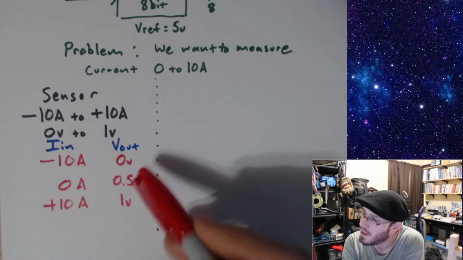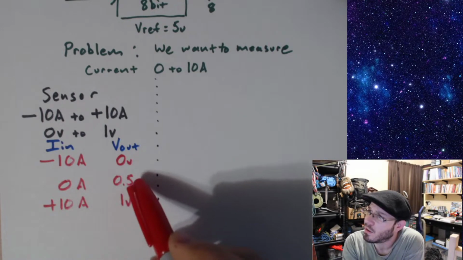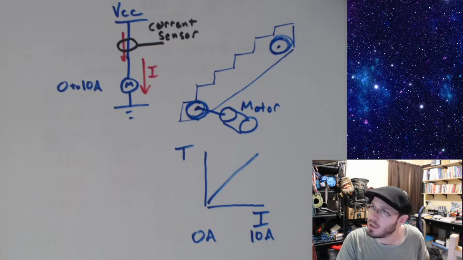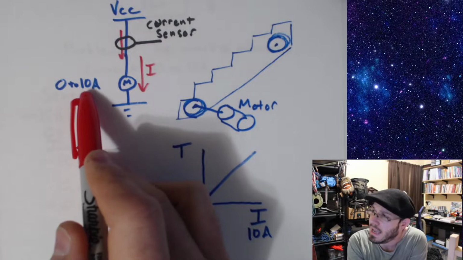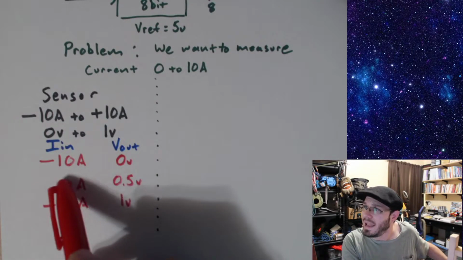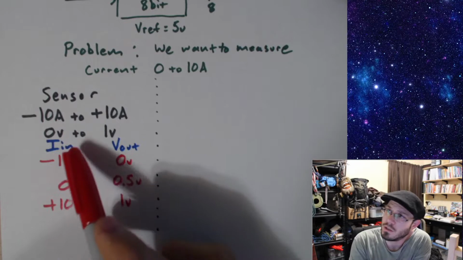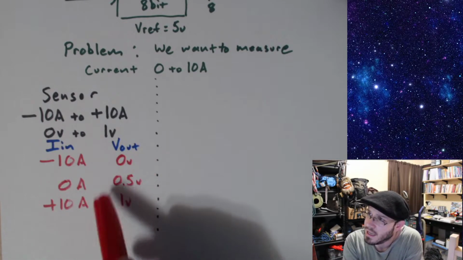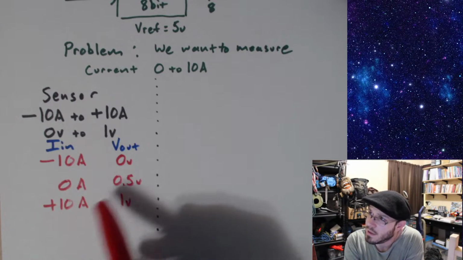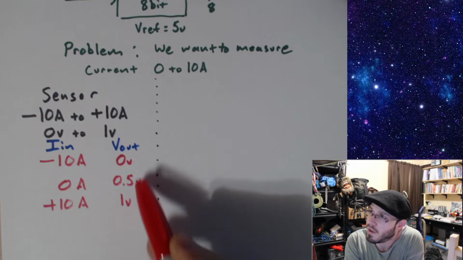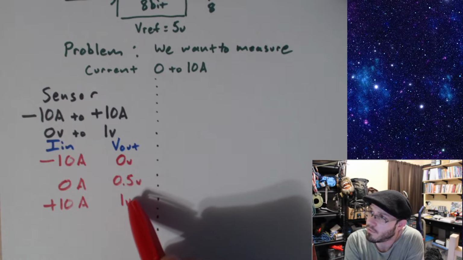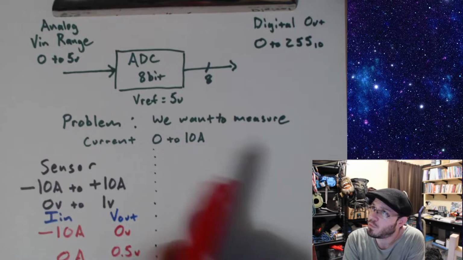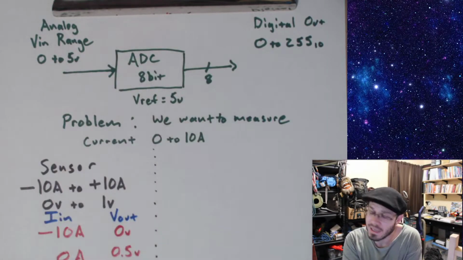But not only that, our application is only going to work 0 to 10 amps. So anything from 0 to minus 10 amps is pretty much unused. And anything between 0 to 10 amps is going to give us a difference of 0.5 volts, going from 0.5 volts to 1 volt.